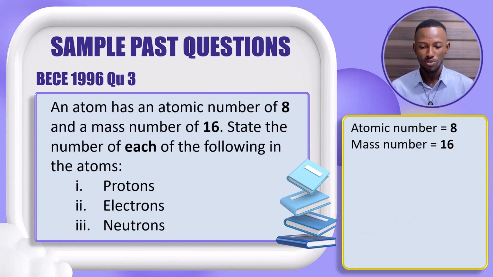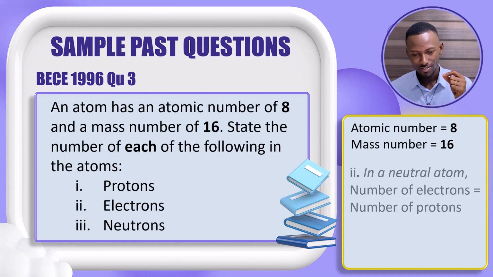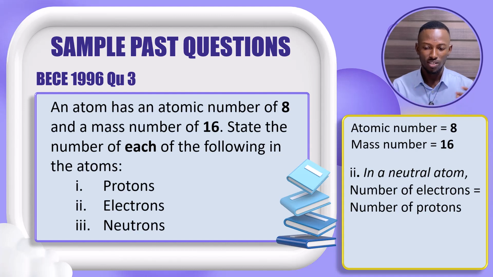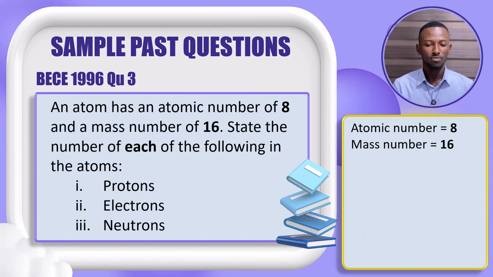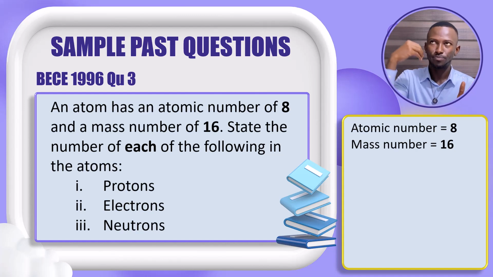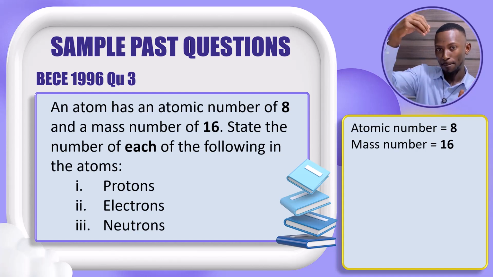For the second part of the question, we have to find the number of electrons. Remember when we were talking about electrically neutral atoms? In a neutral atom, the number of protons is equal to the number of electrons. That means the number of electrons in this atom is also 8, because the number of protons is 8. What about neutrons? Remember also that in previous slides, we said to find the number of neutrons, you subtract the atomic number from the mass number.